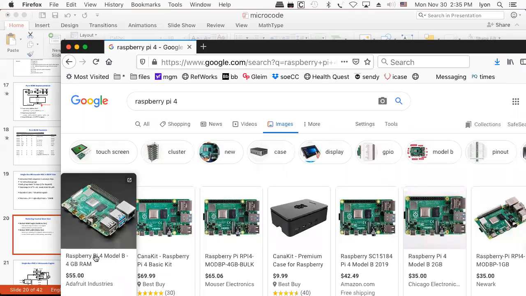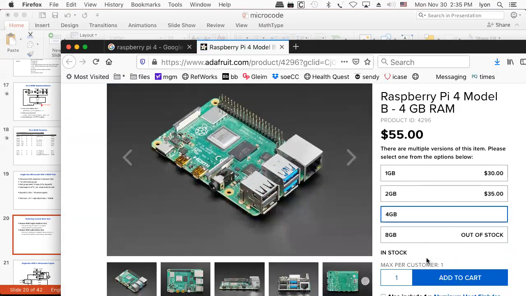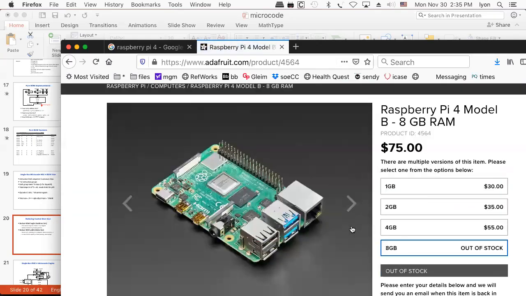Instead of a $35 machine, it's now a $55 machine. And that's still quite reasonable. This is a quad core, I think. Let me just check. They don't tell you. Oh, and you can get it with more RAM, but you can't upgrade it. When you get it with the extra RAM, it comes soldered directly onto the board. You can't add any more than that.